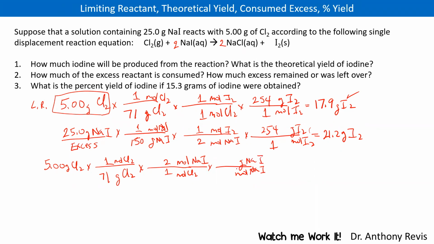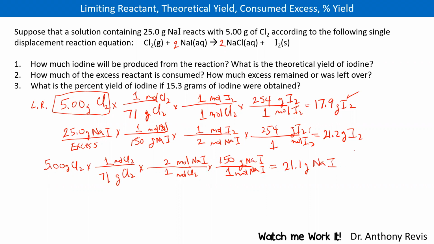And now I use the molar mass of sodium iodide, which is 150 for convenience, grams for every 1 mole. And that's going to give me the grams of sodium iodide that I should have used. It should have been 21.1 grams of sodium iodide. That's how much of the excess I used.